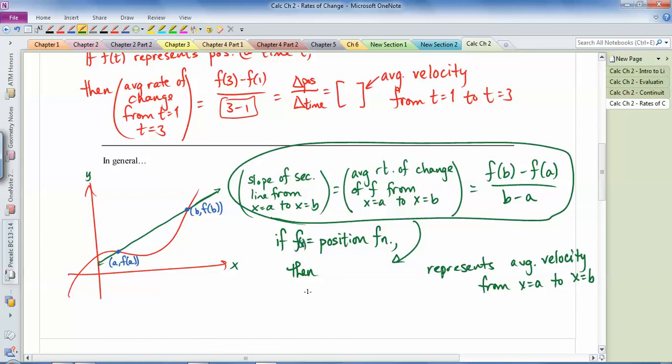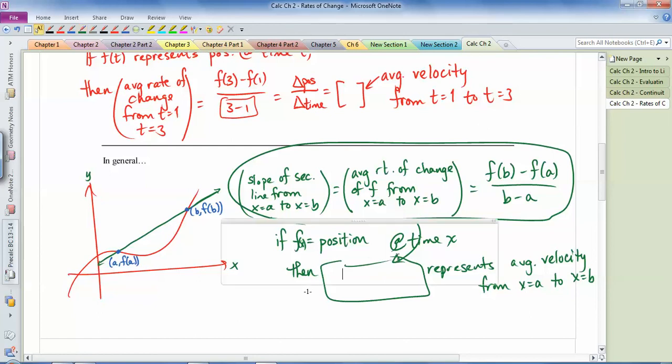So we'll say f of x represents a position function at time x, or your position at time x. Then all that stuff from above represents your average velocity.